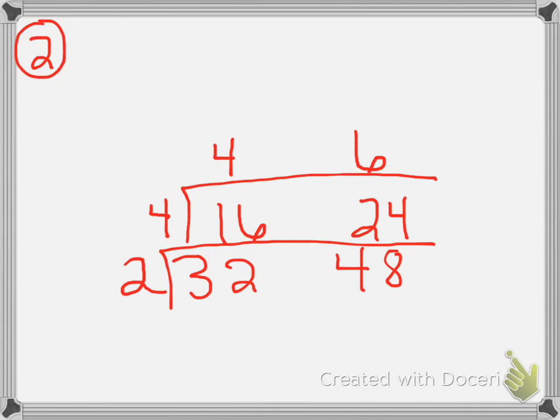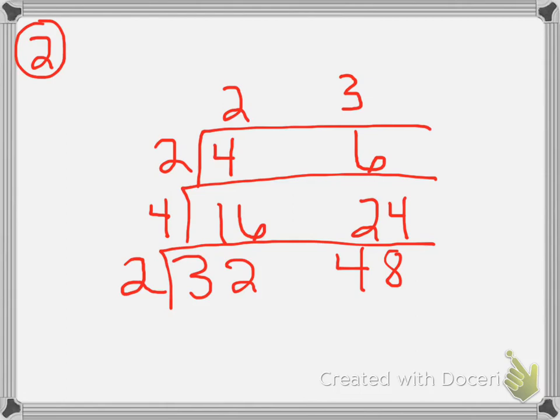Our ladder still is not complete because 4 and 6 still have a common factor. What would that common factor be? 2. 2 will go into 4 2 times. 2 can go into 6 3 times. All right, 2 and 3 do not have a factor in common, so our ladder is complete.